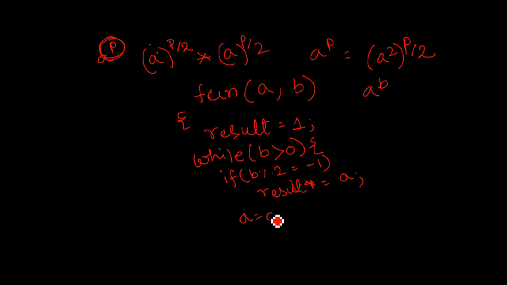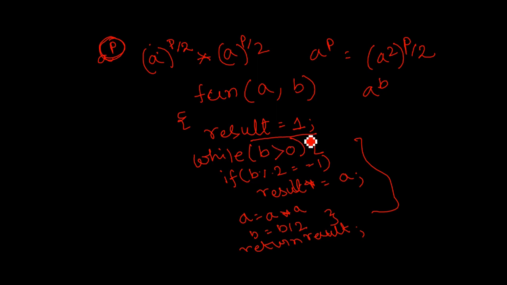Then we will make a equals a square, b equals b by 2, and at the end we will return result. Let me close the loop. Result has the value 1, so I didn't write any base case, because result will be 1 anyway if the value of b is 0, and that is fine.